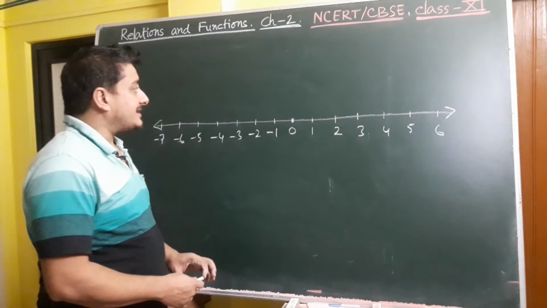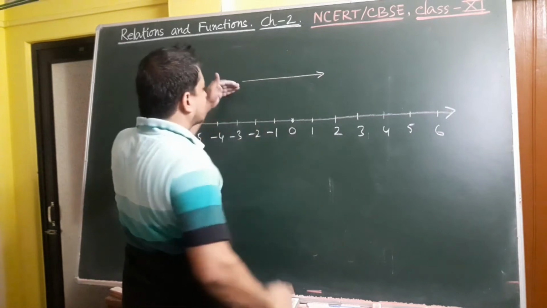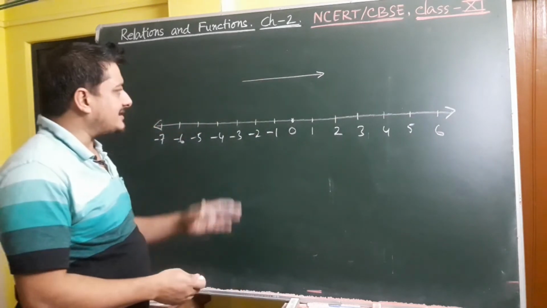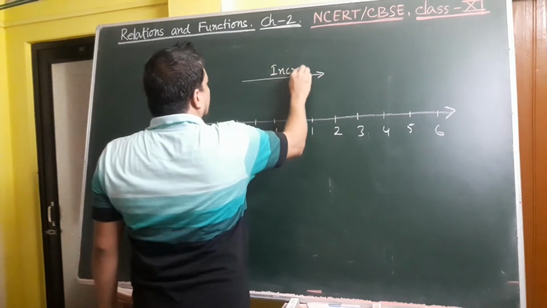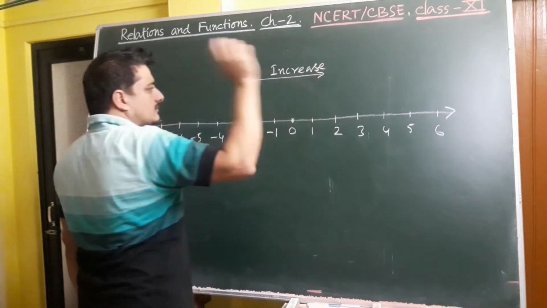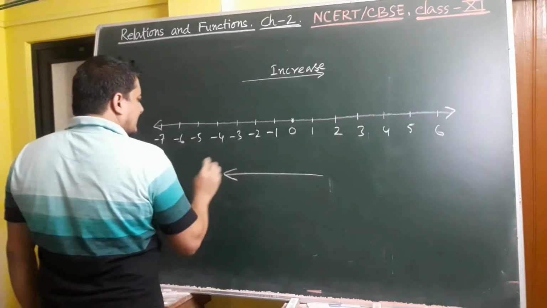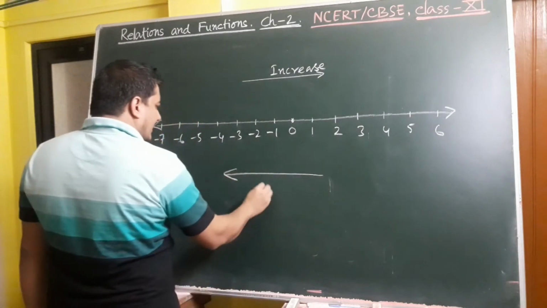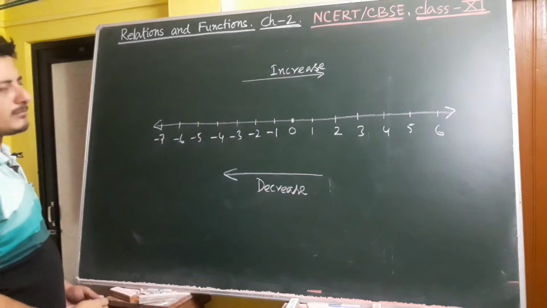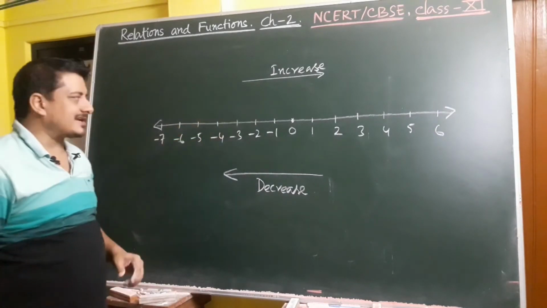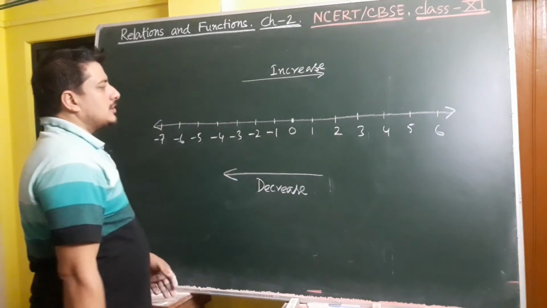So now you know that if you go from left to right, from this direction towards this direction, then you will find that there is an increase in the value of the numbers, and if you go in this direction, from right to left, then there will be a decrease in the value of the number.